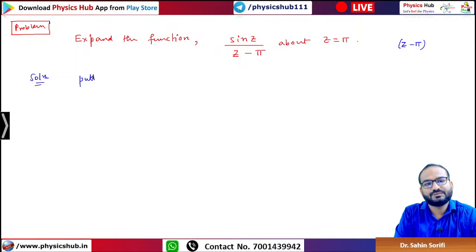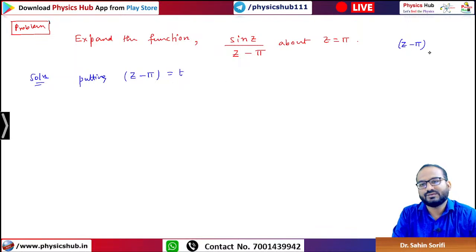So if you put z minus pi equals to t, it will come in the form of t square, t cube, or whatever terms survive, and at the end we can just replace t with z minus pi.